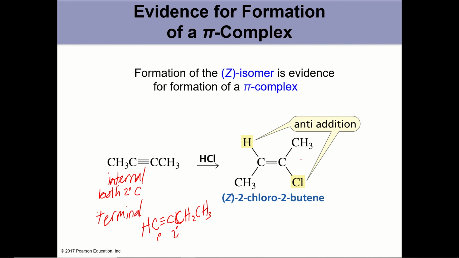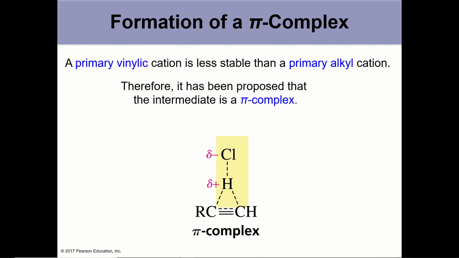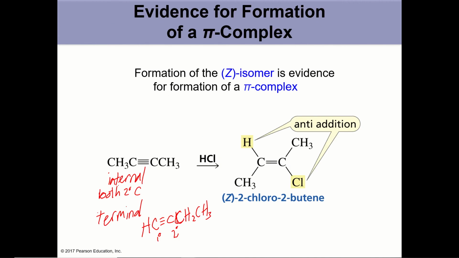And this is further evidence that the pi complex forms, because whenever we form a three-membered ring, then the addition of a second atom to the molecule has to come from the side of the ring that is opposite to where the other atom that forms the three-member ring is located.